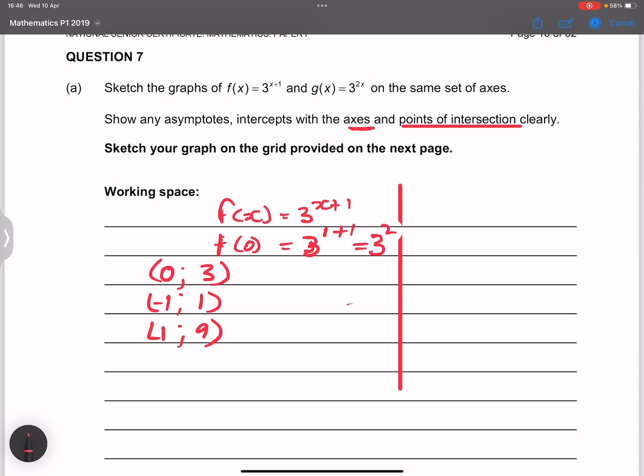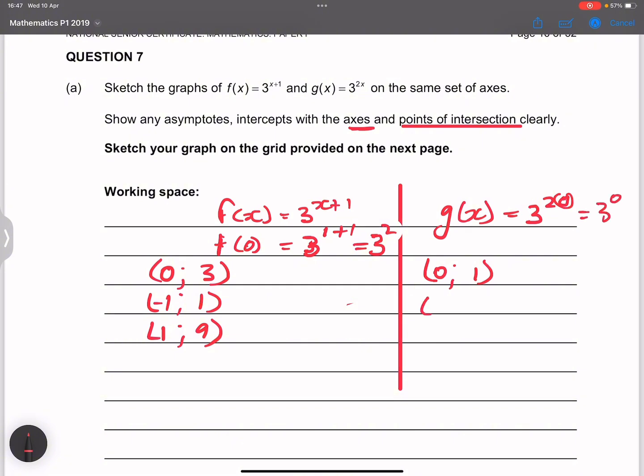Okay, so let's look at the other graph, g of x. I've got 3 to the exponent 2x. I'm going to do exactly the same points. When x is 0, you can see clearly that will be 2 times 0, which is 0, so we'd have 3 to the exponent 0, and in this case that gives us 1.